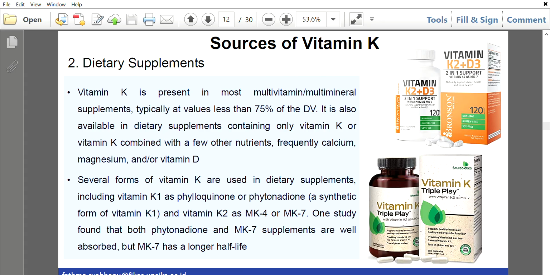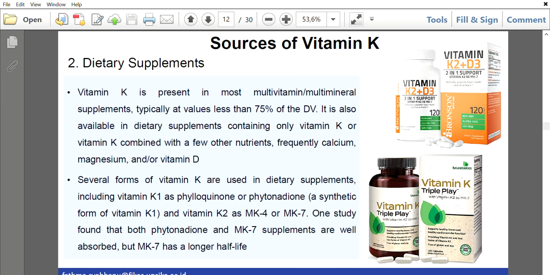It's also available in dietary supplements containing only vitamin K or vitamin K combined with a few other nutrients, frequently calcium, magnesium, and/or vitamin D. These supplements tend to have a wider range of vitamin K doses than multivitamin or mineral supplements, with some providing 4,050 micrograms, about 5.63% of the daily value, or another very high amount.